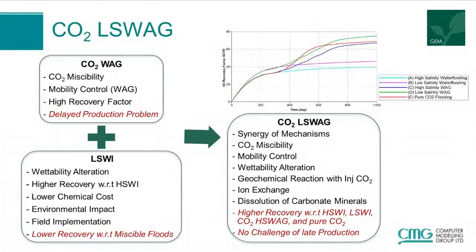In this way, you can get higher recovery compared to conventional water flooding, low salinity water flooding, conventional carbon dioxide WAG processes, and pure carbon dioxide injection. And also there is no challenge of late production in the carbon dioxide low salinity WAG process.